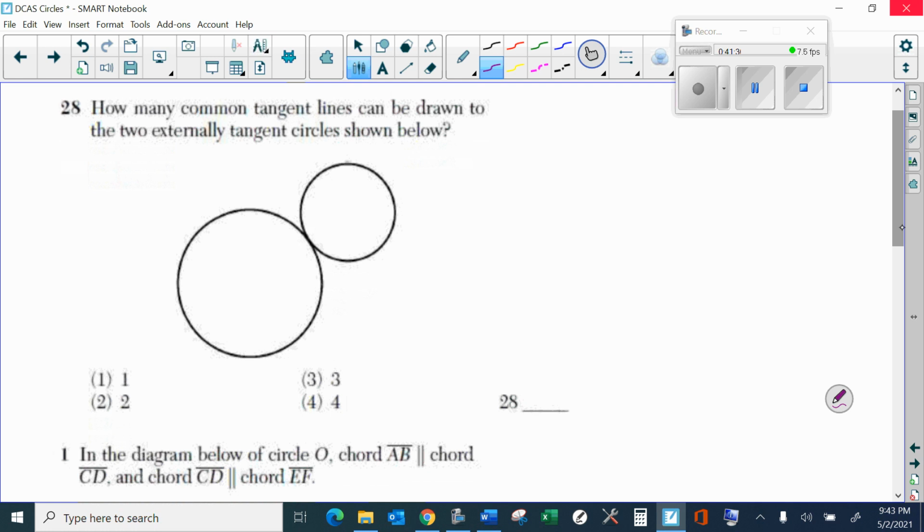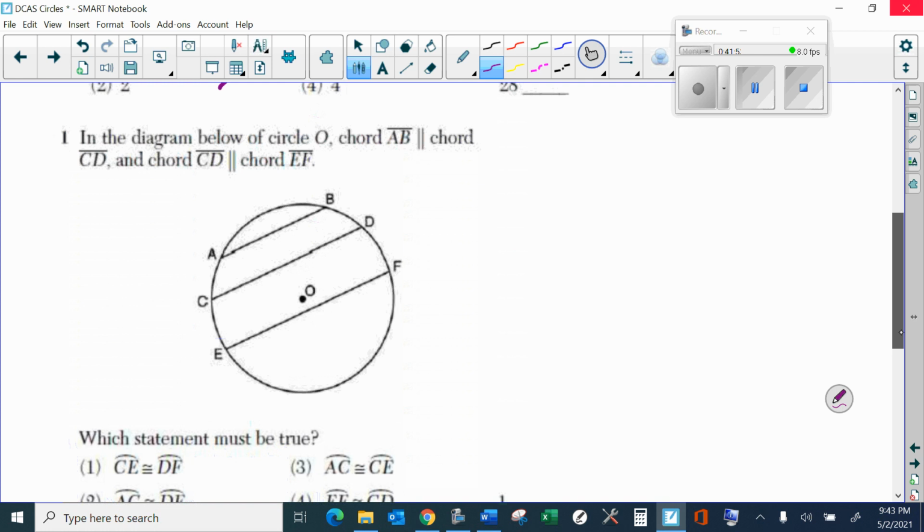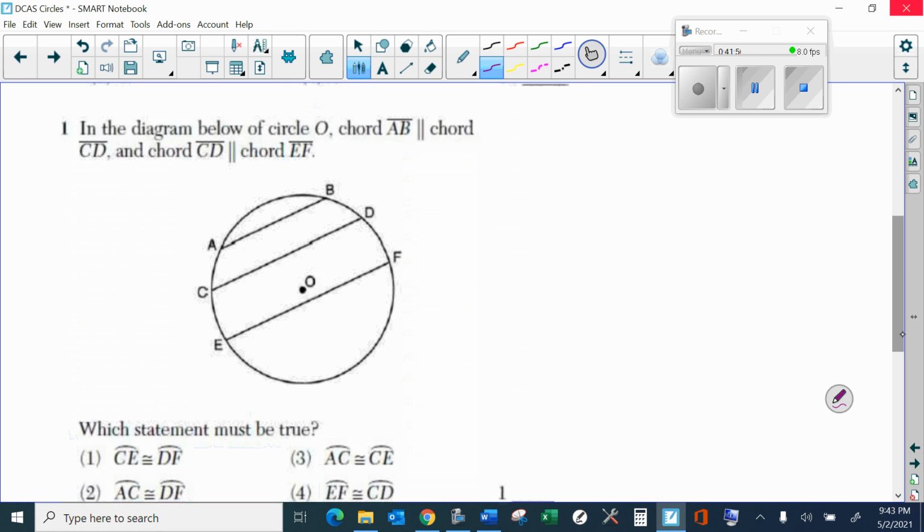How many common tangents can be drawn to two externally tangent circles? 1, 2, and 3 right there. 3. Don't forget that inner one. So yep, 3. Okay. In the diagram below, circle, we have parallel again.